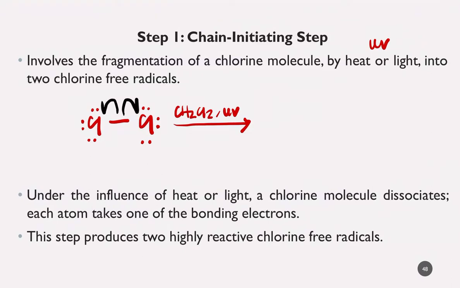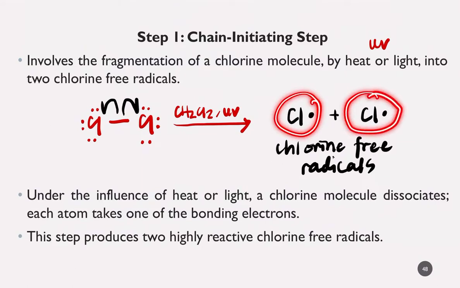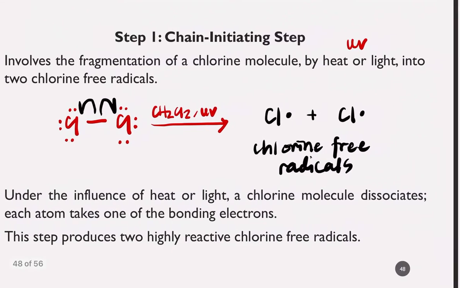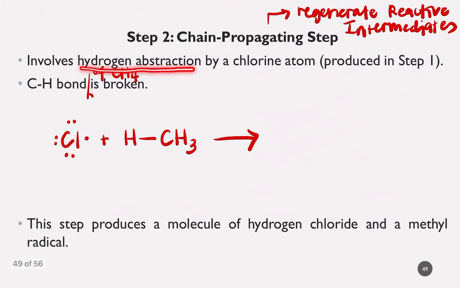In the presence of UV, you will undergo homolytic cleavage, and then you will form your chlorine free radicals. You will get 2. These are chlorine free radicals. They are very reactive. So now we have our reactive intermediate. You can read this on your own. Now that we have our very reactive intermediates, we will go to the next step, which involves hydrogen abstraction by a chlorine atom.